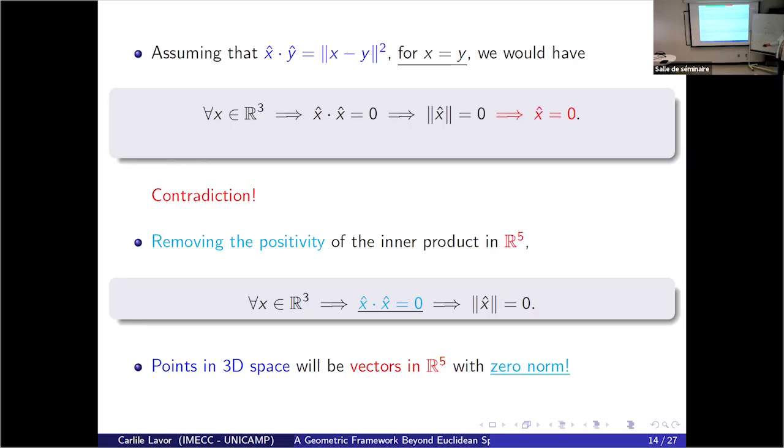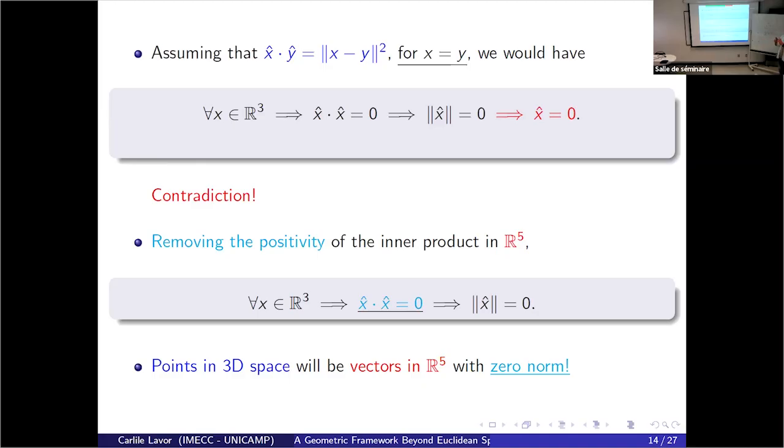So our problem is to find a bijection between the 3D space, R3, and a subset of R5 in order to represent in an orthogonal way the isometry of the 3D space. If you want this, these are the mathematical constraints. Okay. So since we accept that the inner product is no more positive, this is possible.